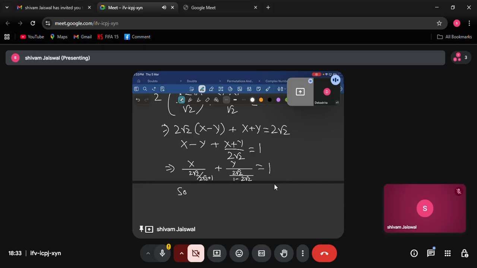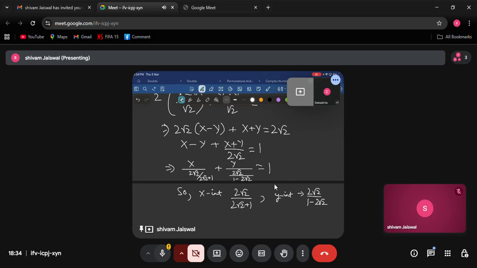So x intercept is 2 root 2 by 2 root 2 plus 1, and y intercept is 2 root 2 by 1 minus 2 root 2, I guess. Yes, I think this one is correct.